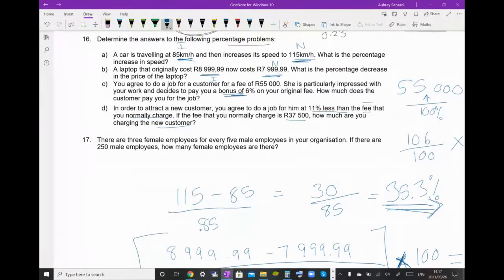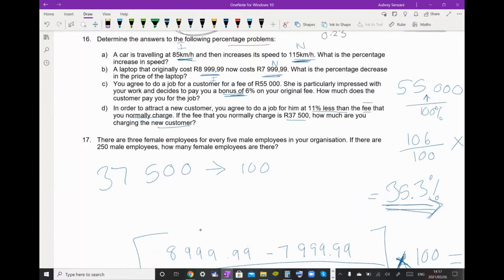All right, so this is less. It's 100% again. What we want is an 11% discount.